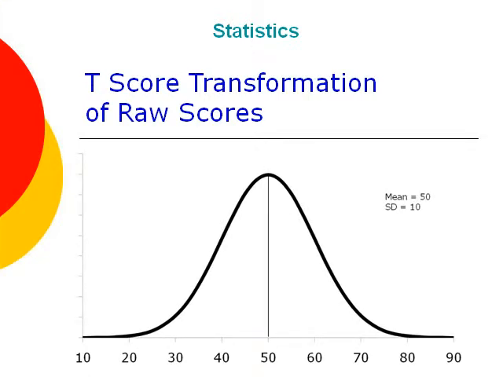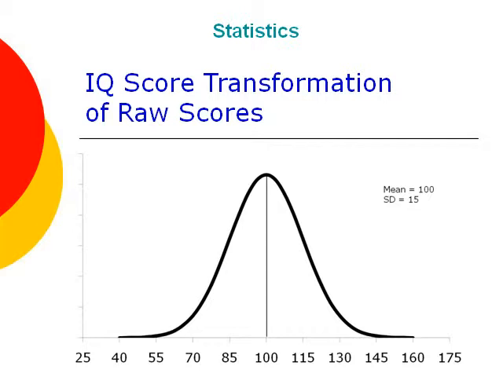In this distribution, the raw scores from the original distribution have been transformed into t-scores. Note that the mean of the distribution is now 50 and the standard deviation is 10. A score of 60 in this distribution corresponds to a score of 34 in the original distribution of raw scores.